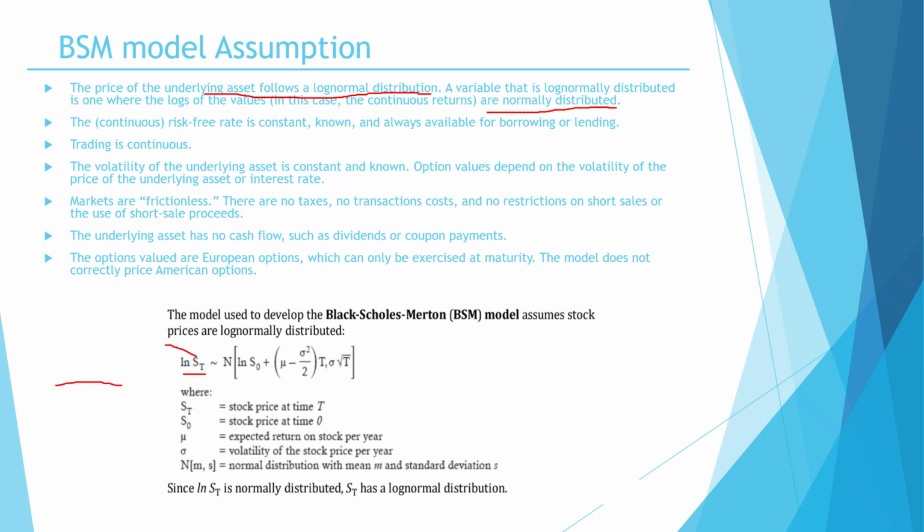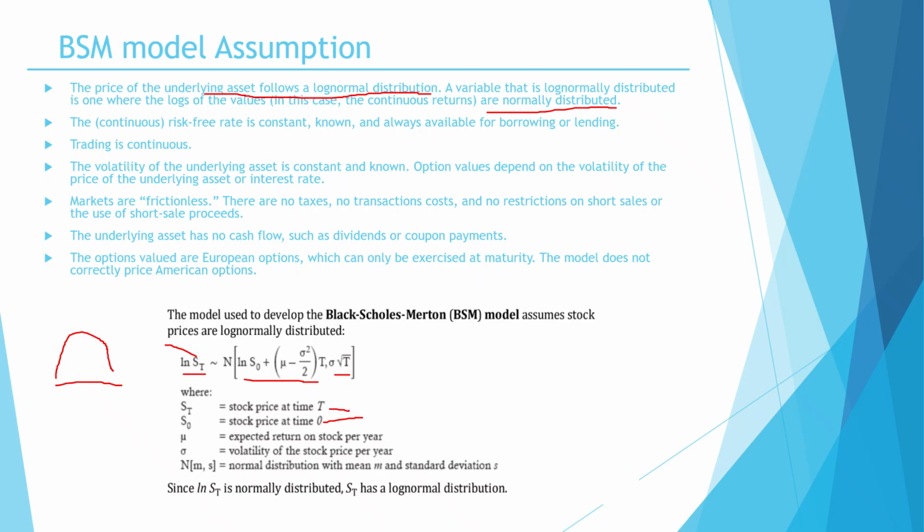So ln of St is normally distributed, which has a mean, which is this, and the standard deviation, which is this. S naught is the stock price at time 0, and St is the stock price which we are estimating at time t.